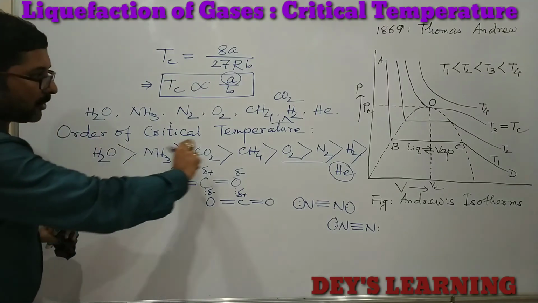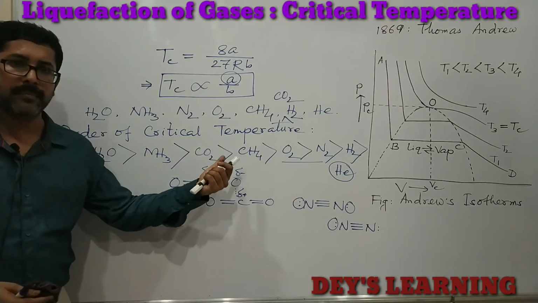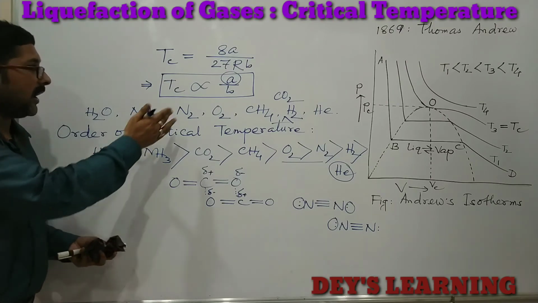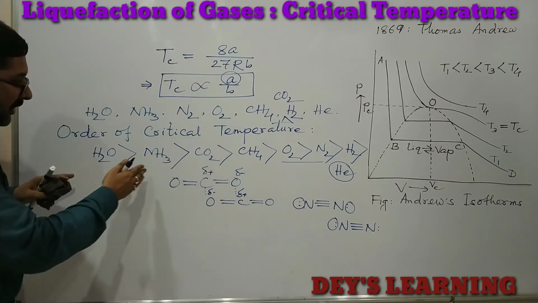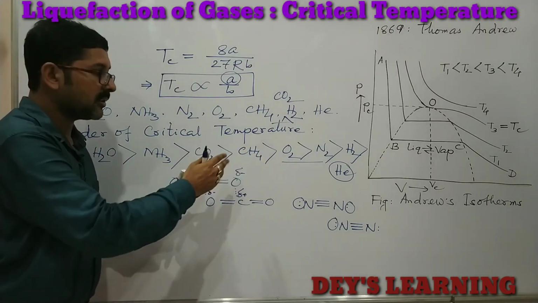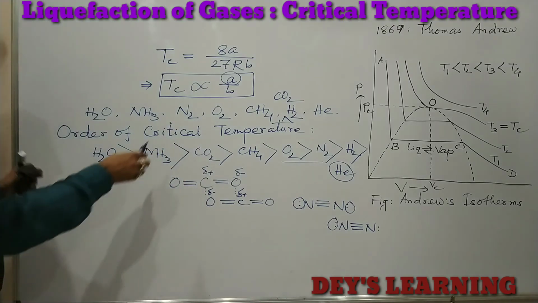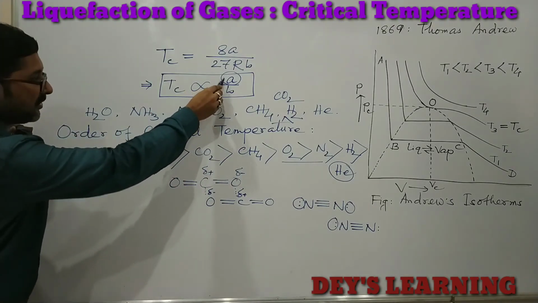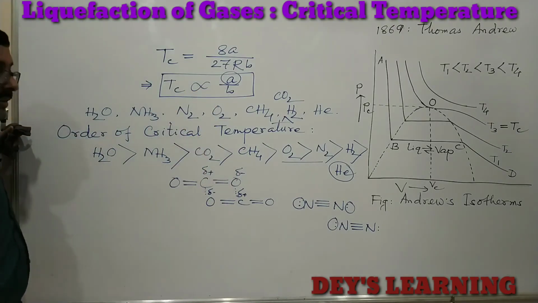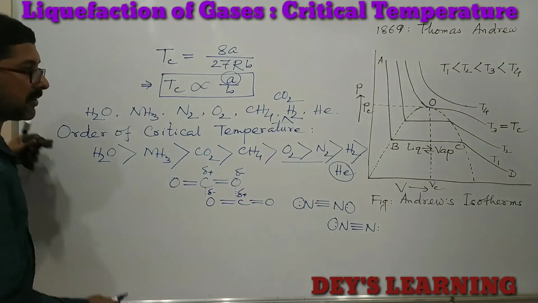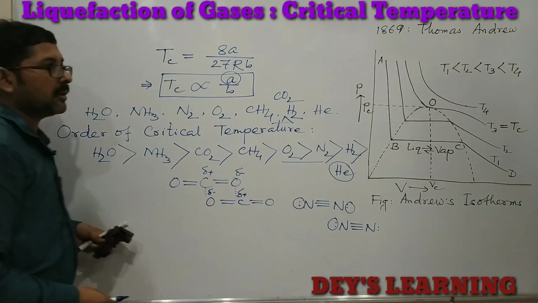The size of the molecules is almost the same. So the determining factor here is the molecular attraction forces, as I explained. As the molecular attraction forces increase, the critical temperature increases. So this is the order of critical temperature for these gases.